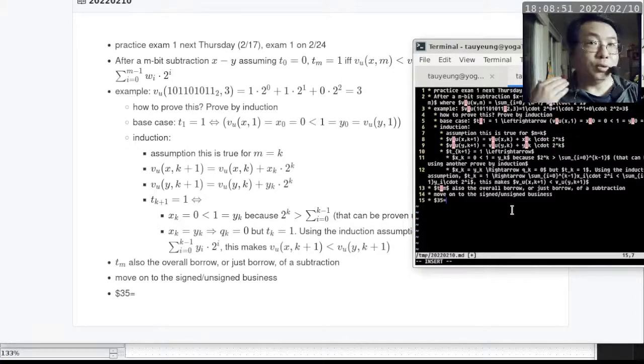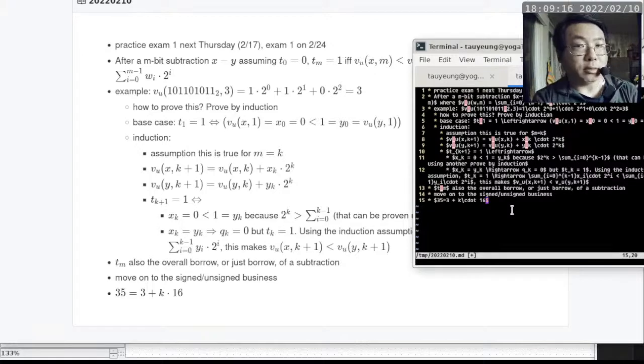If you want to check whether 35 is congruent modulo 16 with 3, the 3 is going to be here. So the question is, can 35 be expressed as 3 plus some kind of k times 16, because our n is 16 in this case, and k has to be an integer. It cannot be a fraction.